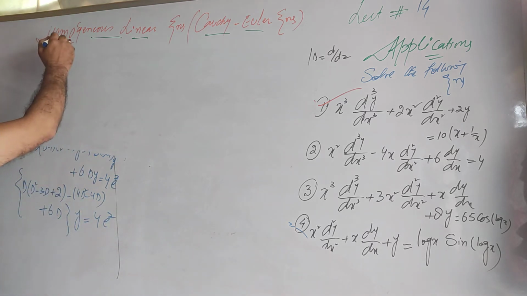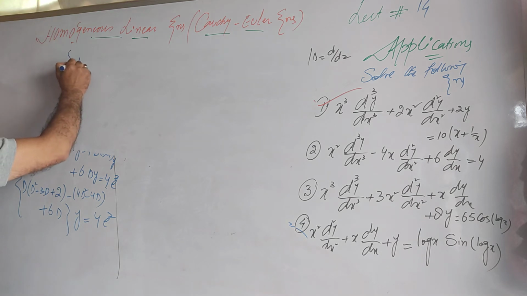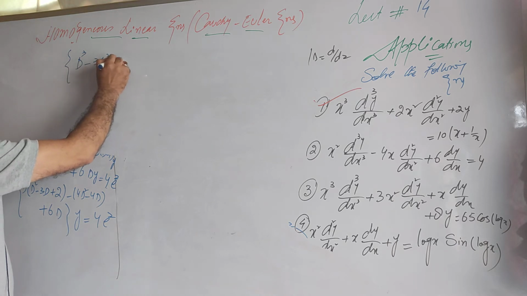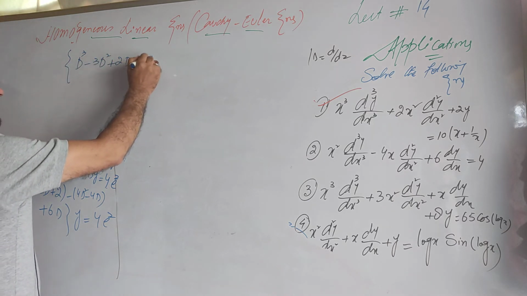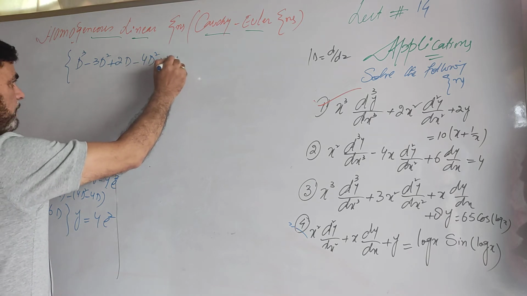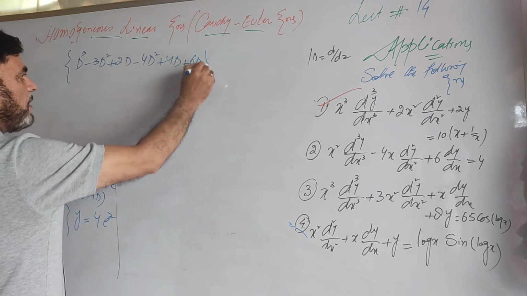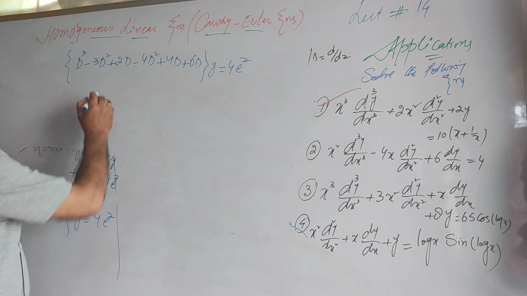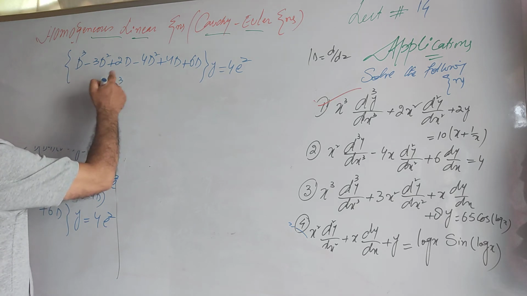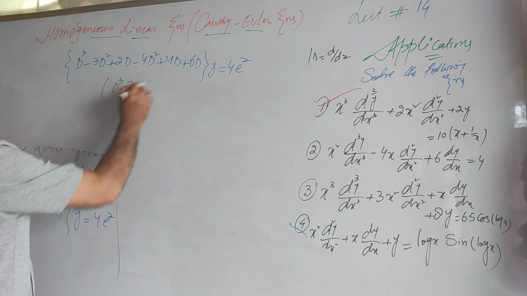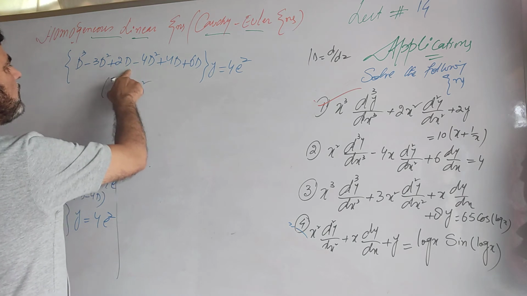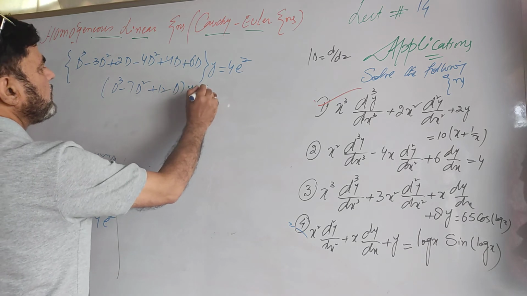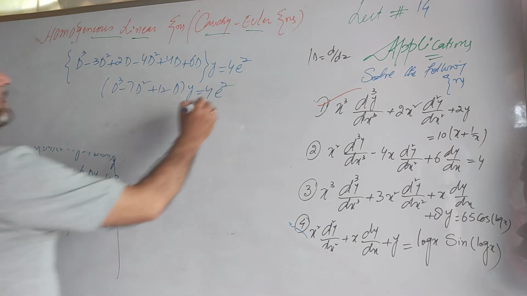On simplification, this will be your D cubed minus 3D squared plus 2D minus 4D squared plus 4D plus 6D, y is 4 e raised to the power z. Well, this is D cubed minus 7D squared plus 12D into y is 4 e raised to the power z. This is the third equation.